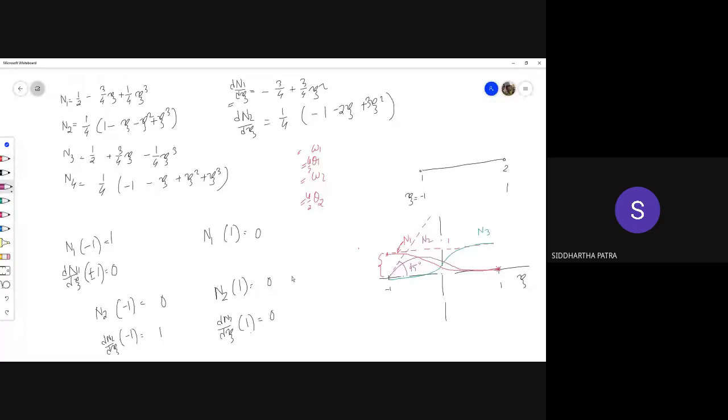That means N2 is a shape function. If the coefficient of all other shape functions were to be 0, that means w1, w2 and theta2 were to be 0, this is how the beam would deflect. Now, obviously, in a physical situation, the slope of the curve would not be 1, and neither would the angle be 45 degrees.